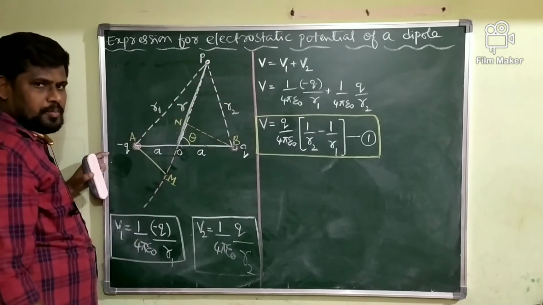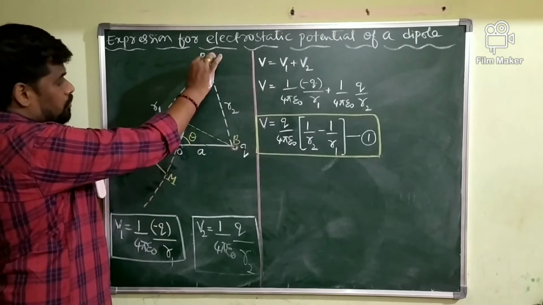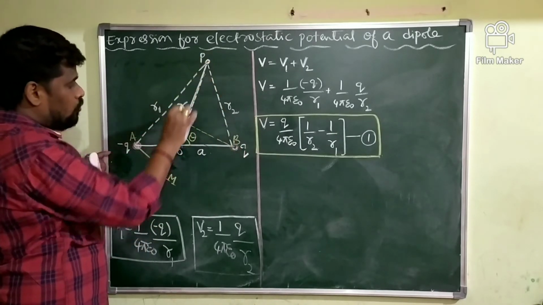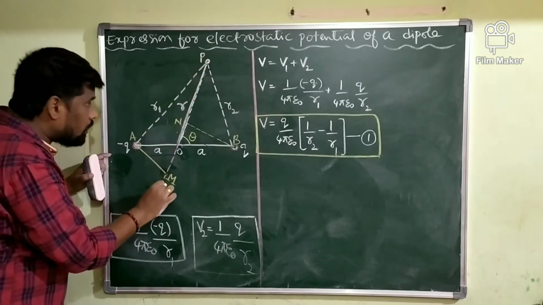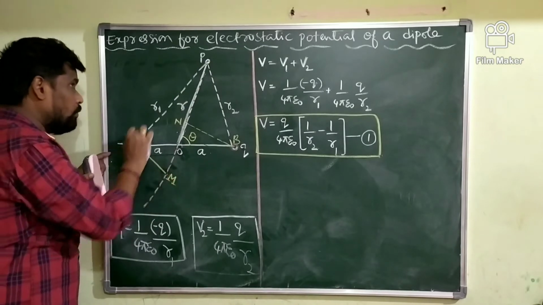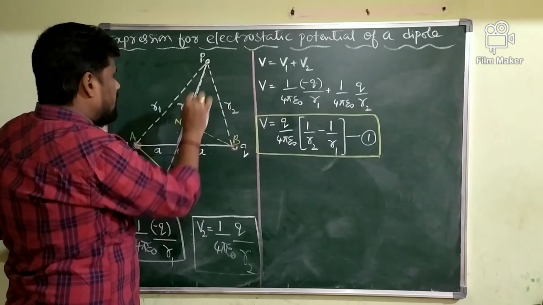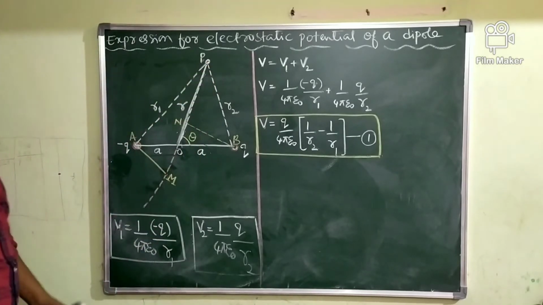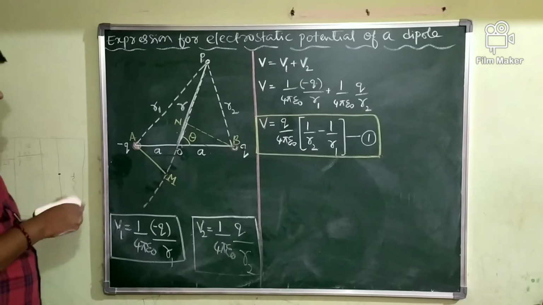Look at here. The purpose of drawing these perpendiculars is to make PB equivalent to PN, and AP equivalent to what? MP. PM is equivalent to AP, and BP is equivalent to PN. Okay.